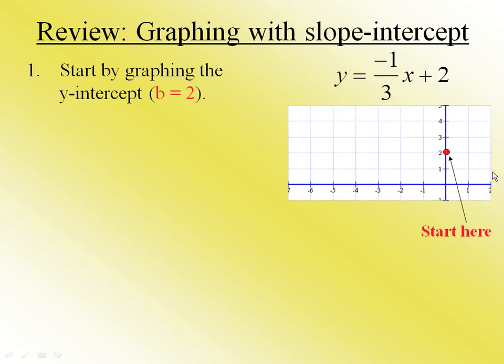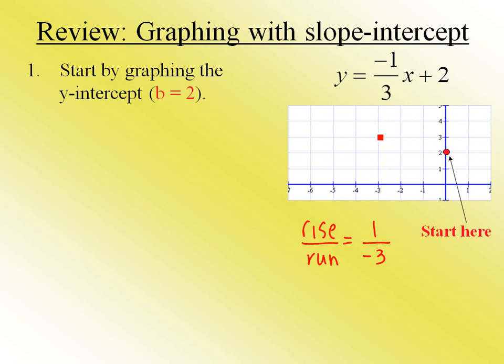Some people, however, would do the reverse. They may decide that they will rise 1 and run negative 3. It doesn't matter because both 1 over negative 3 or negative 1 over 3 is equivalent to negative 1/3. So you could potentially go up 1 and then go left 3 units.